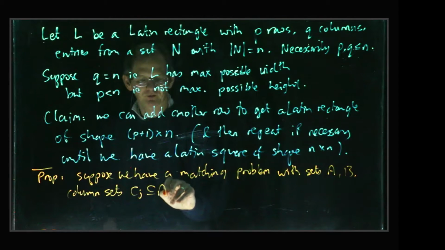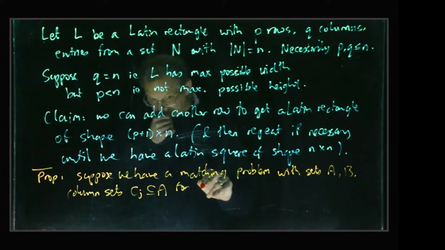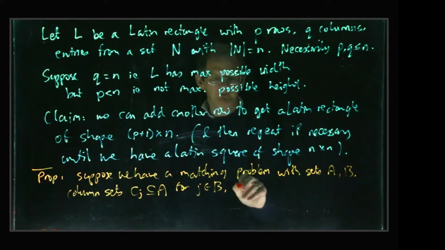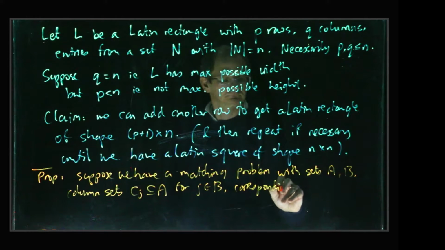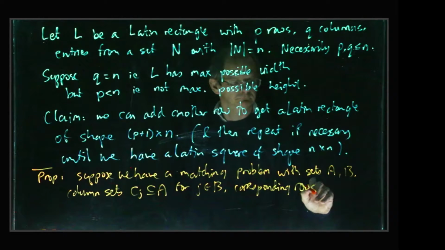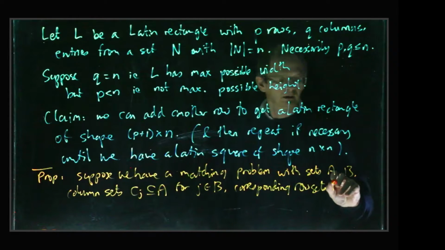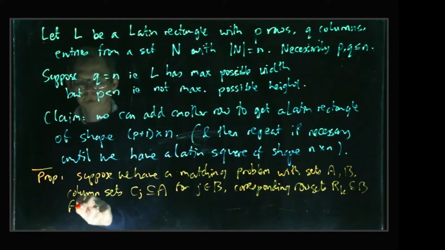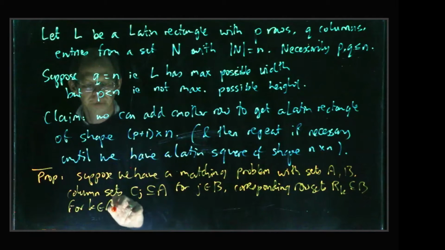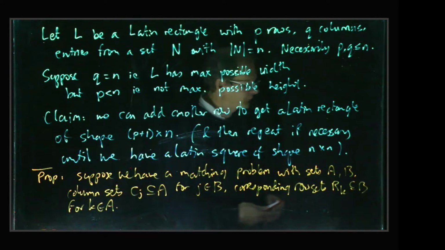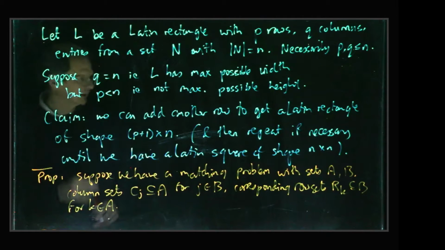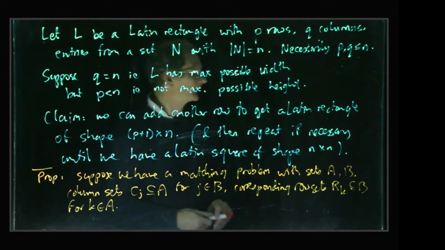So Cj is a subset of A for j in B, and corresponding row sets Rk contained in B for k in A. And remember, as we've discussed previously, if you know the row sets, you can find out the column sets and vice versa. You could just draw it as a rook diagram if you wanted.